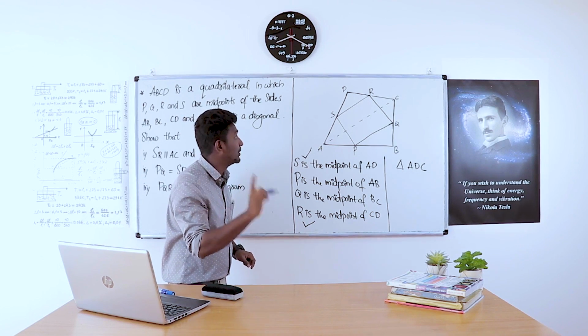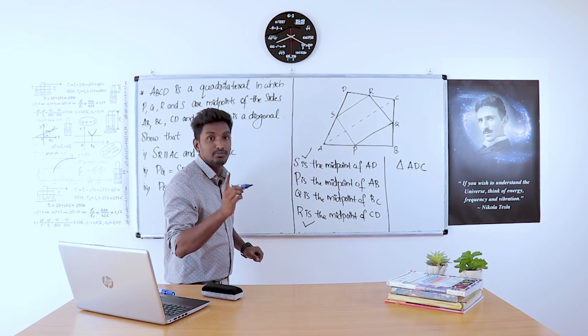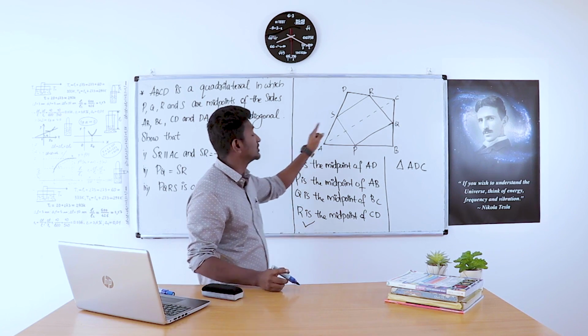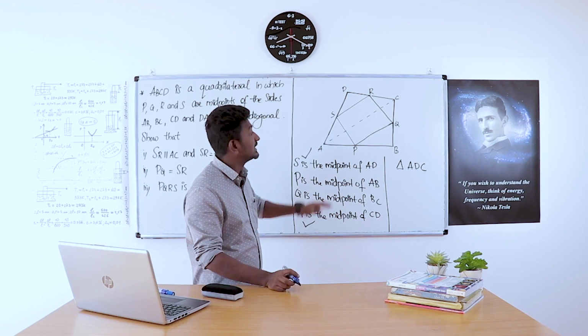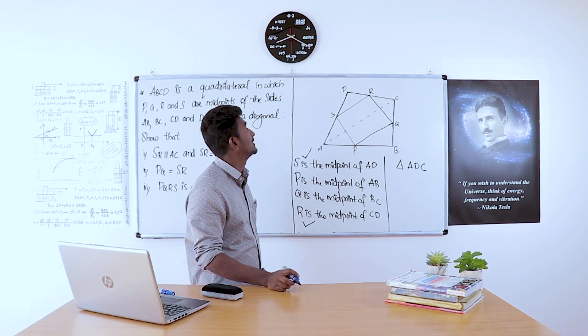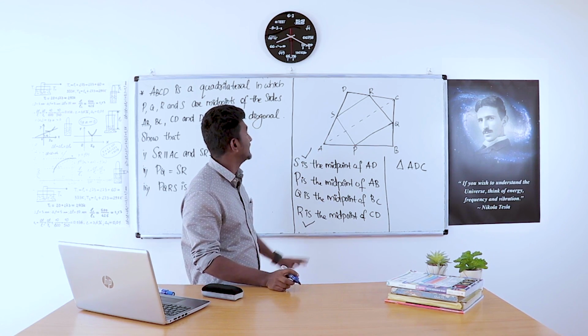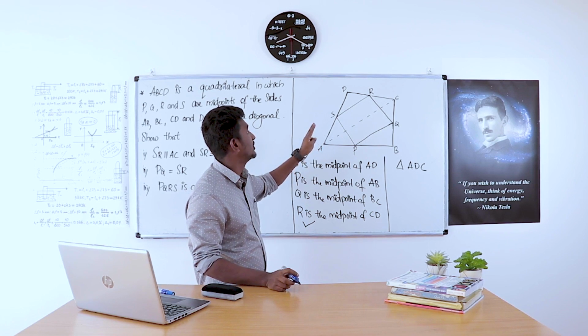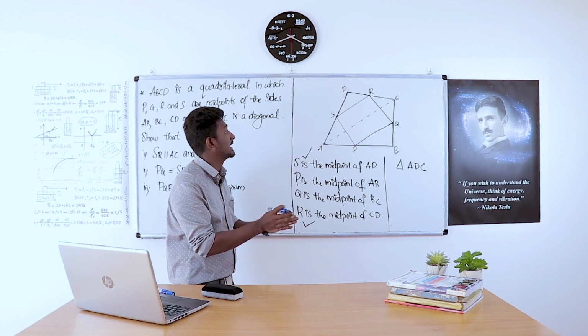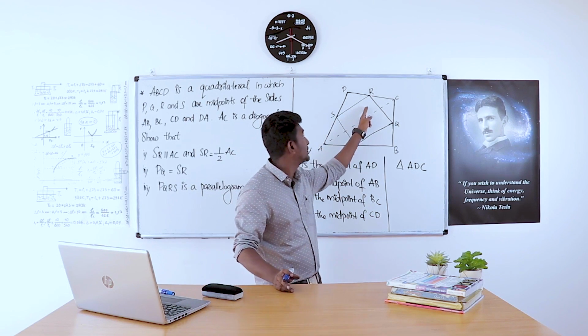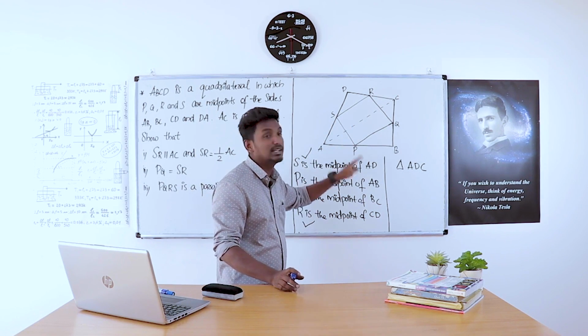Now by the midpoint theorem we know that when the midpoints of two sides of a triangle are joined by a line segment, then that line segment is parallel to the third side. S is the midpoint of AD and R is the midpoint of CD. These are two sides of a triangle, and when these two midpoints are joined, it must be parallel to the third side.